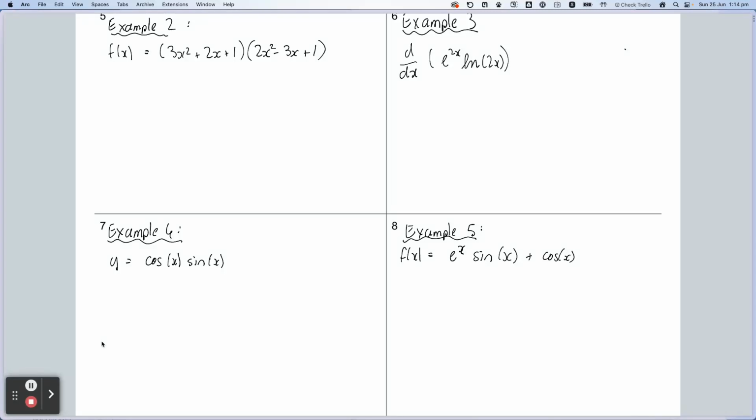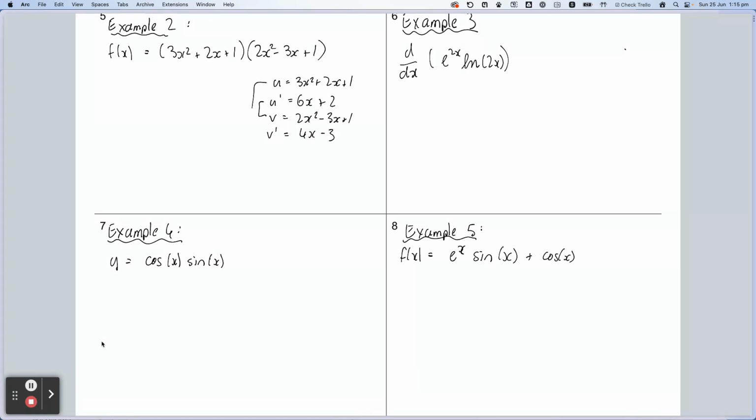By using the product rule, I would start off with u equal to 3x squared plus 2x plus 1, and therefore u dash is equal to, just using the power rule, 6x plus 2. v is equal to 2x squared minus 3x plus 1. v dash is equal to 4x minus 3.